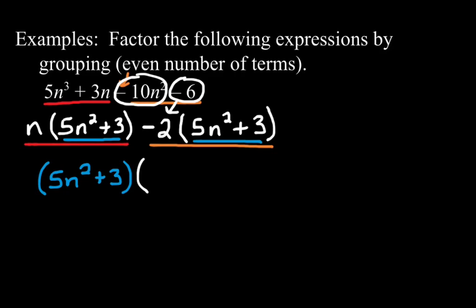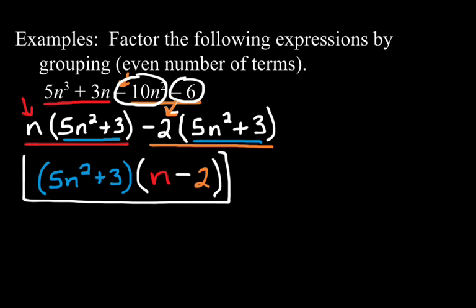Then what's left in our parentheses in the first term is the n right here. And then we're going to have the minus sign. And then in the second term, notice we have still this 2 left over, so that's going to stay there. And that is going to be our factorization of that original 4-termed polynomial.